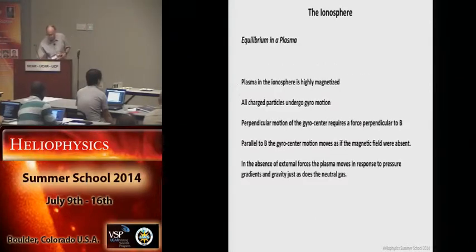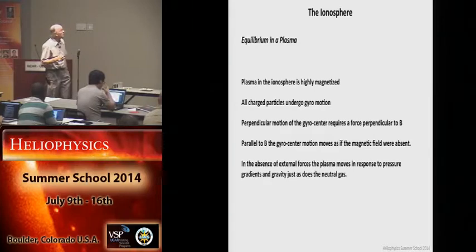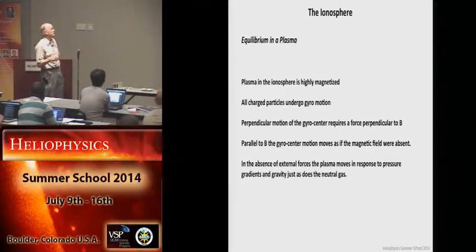Okay. A word about equilibrium in a plasma. You've all had the benefit of the lectures by Dr. Gombosi at the beginning. The thing I want you to remember is that the ionosphere is highly magnetized. The particles gyrate around the magnetic field.